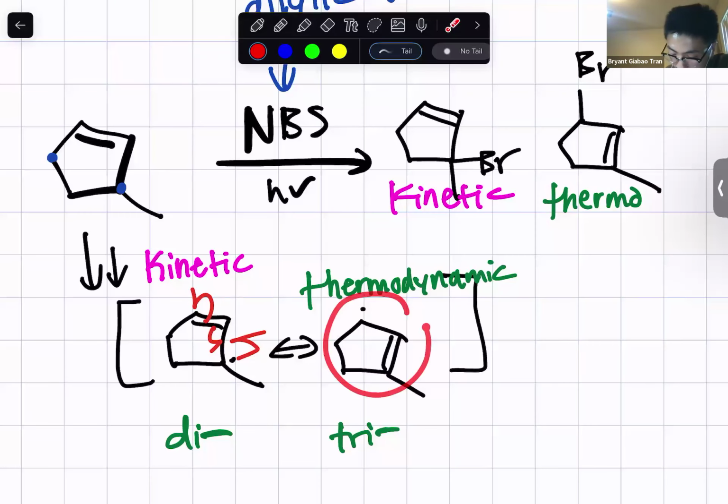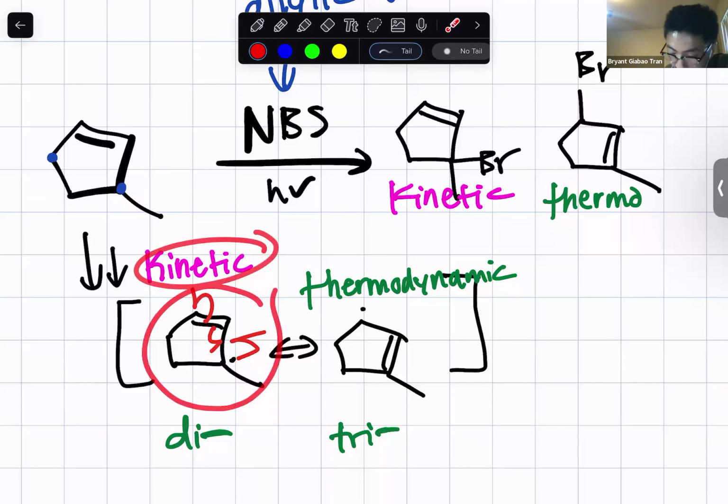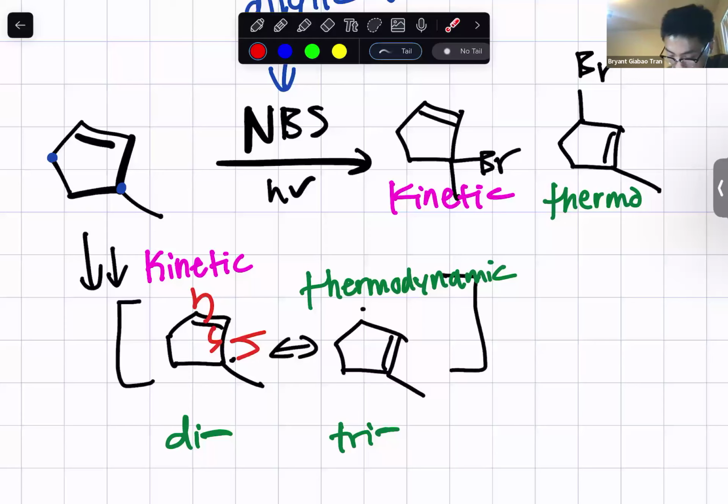So it has to overcome that intermediate to get that thermodynamic product. But the more stable intermediate here is the kinetic product because that's the first thing that gets formed. It forms faster than the thermodynamic product because it came from the more stable intermediate, which gets formed first. Right.